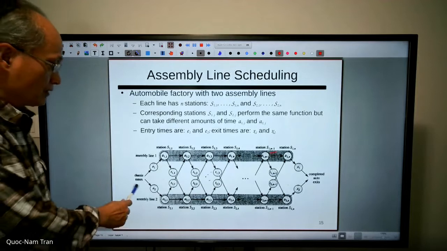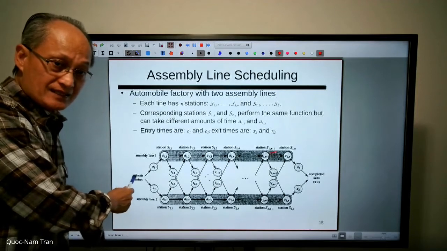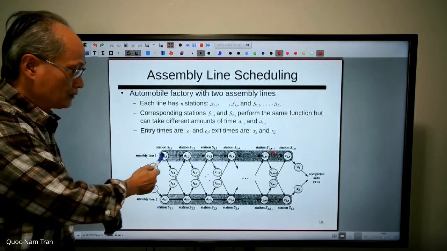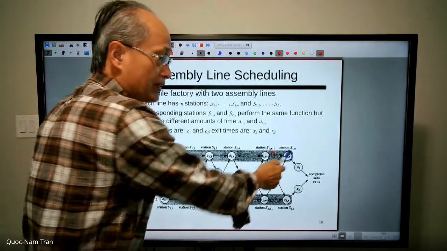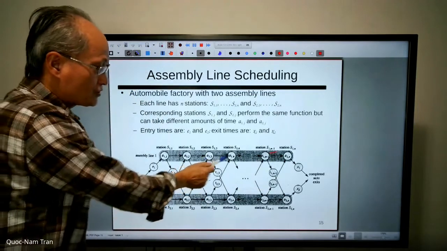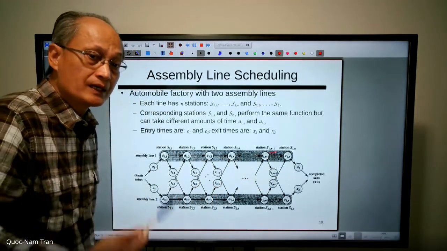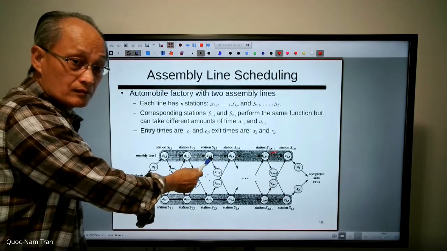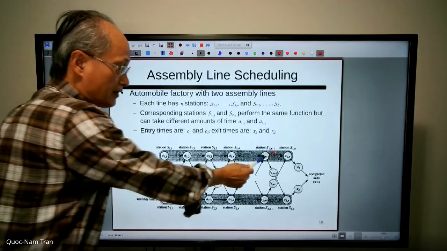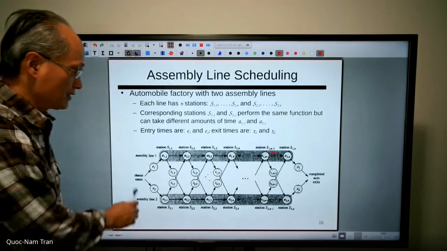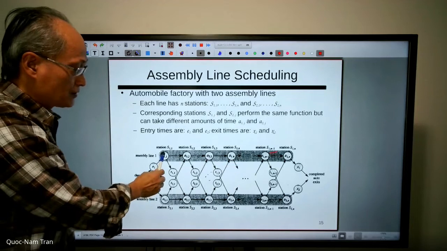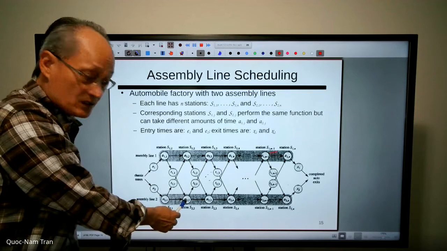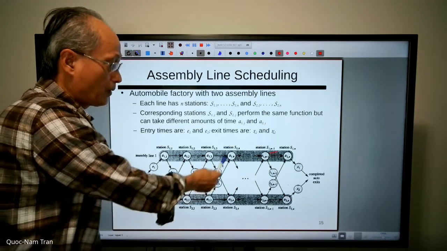Sometimes when a new chassis for a car enters, it may not be the best to go through one assembly line, because some of the stations may be working too much, and hence the waiting line may be bigger here and there. In that situation, it may be better to go through station 1 and then go to station 2 in line 2 and then continue and then go back, etc.